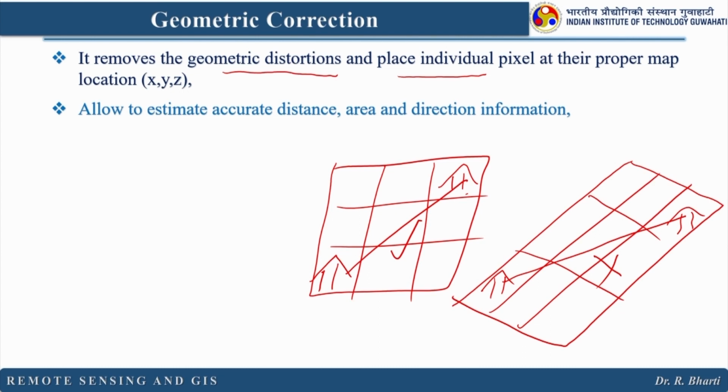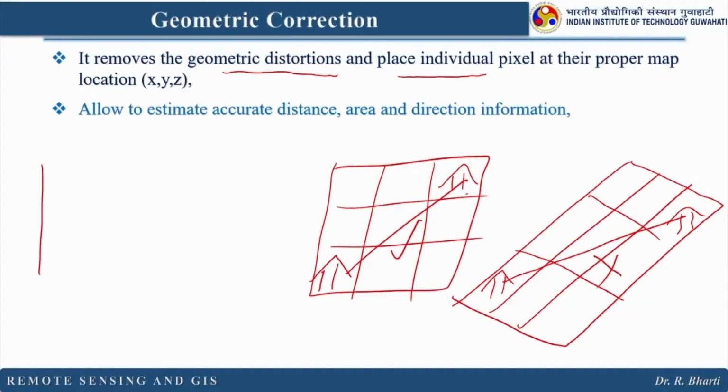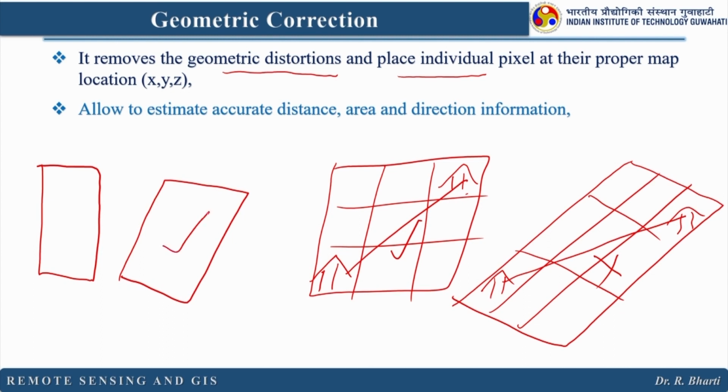But once you do the geometric correction and place the individual pixels in their own location, then, let us say this is the image captured by your satellite. Without geometric correction, this may appear as a normal image, but once you correct it geometrically, it may appear like this, and this is the actual orientation of this area in that particular location.